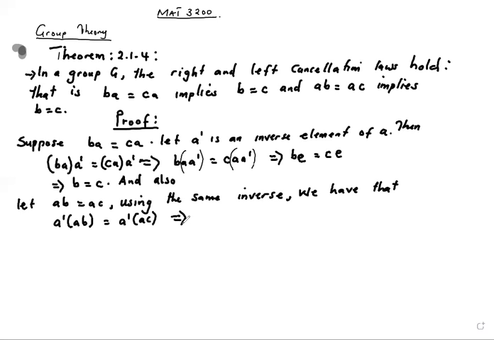By associativity again, I can put the brackets here and here, and get identity B is identity C, which implies B is equal to C. That is left and right cancellation.